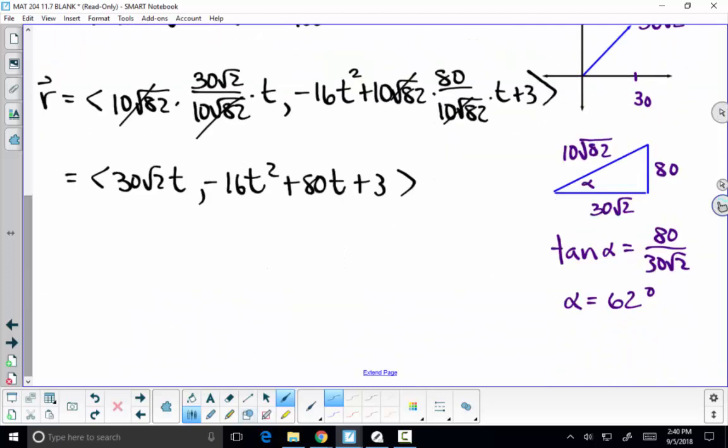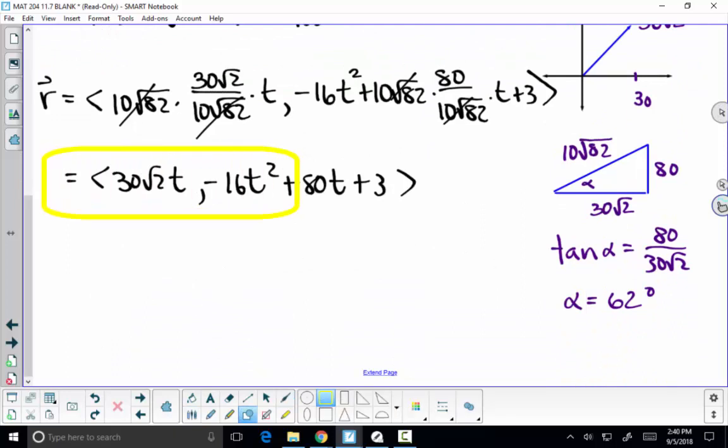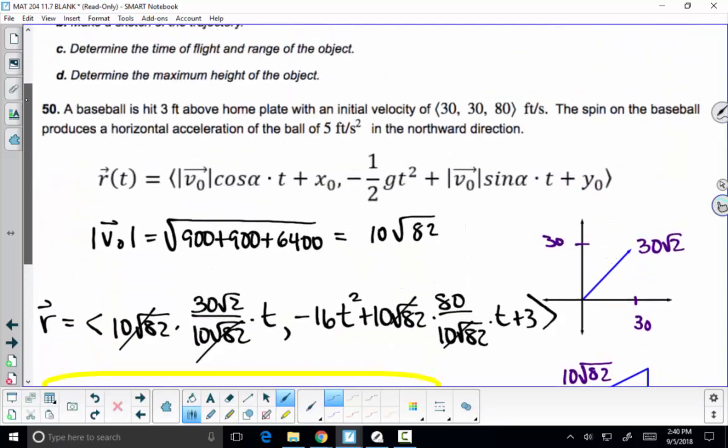So the acceleration is 5. Now it's 16, say that again. The acceleration is 5. When we're hitting a ball, we're not dropping it, right? So the acceleration is not due to gravity.